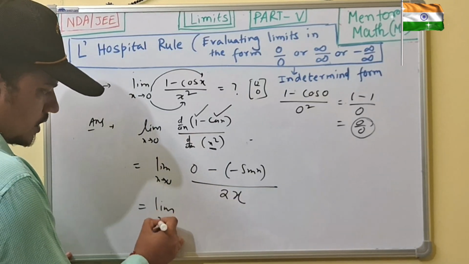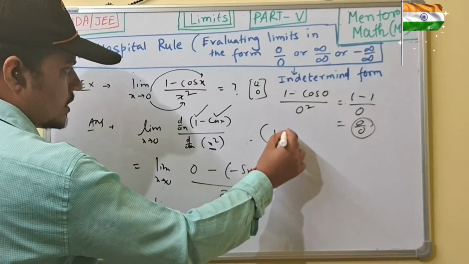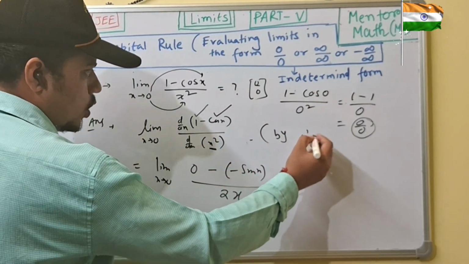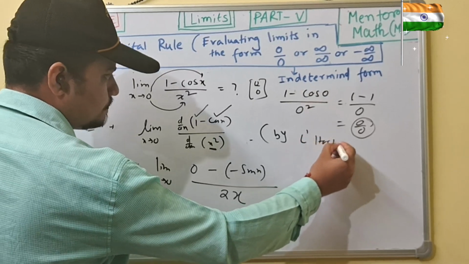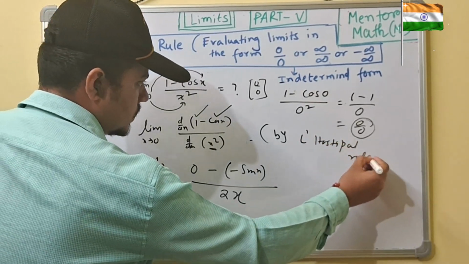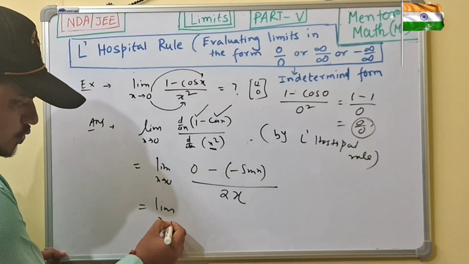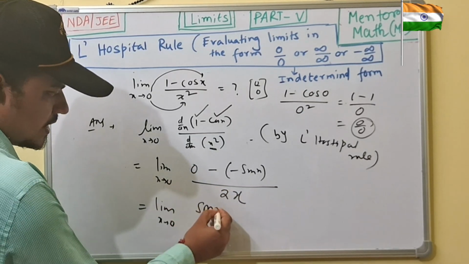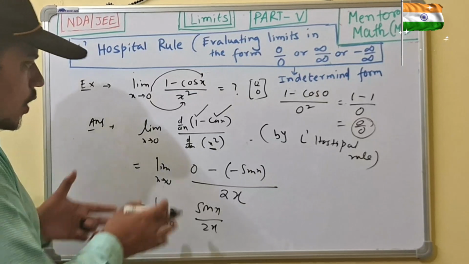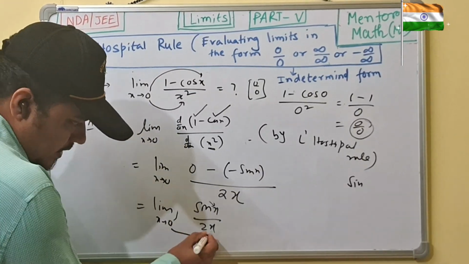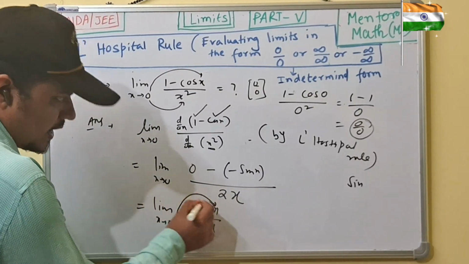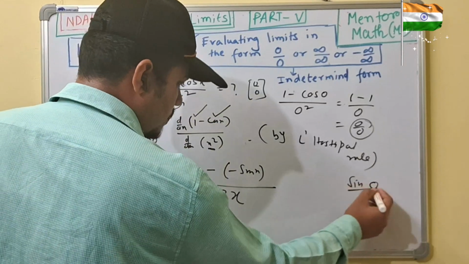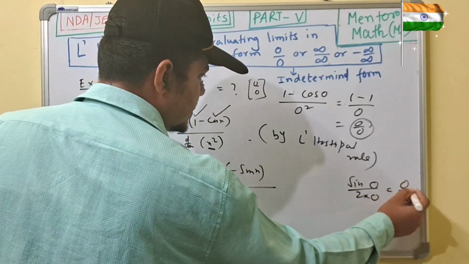Now by the L'Hospital rule, you can write limit x tends to 0, minus minus plus sin x by 2x. If you put x equal to 0 again, you get sin 0 by 2 into 0, which is again 0 by 0 form.